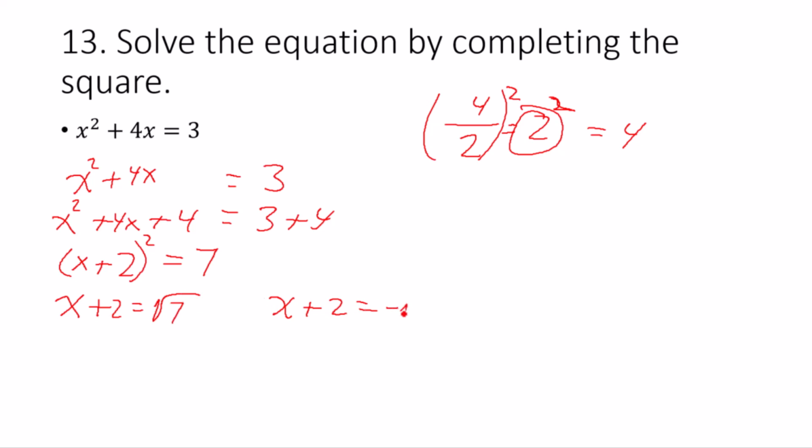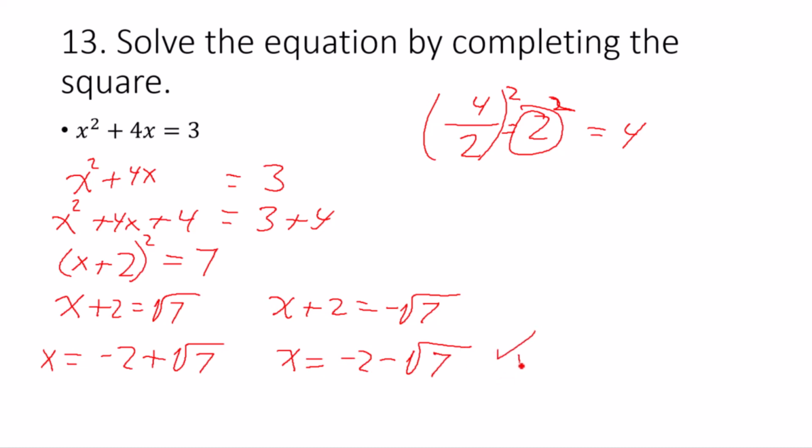Go over here, you have the opposite of it. Real simple. Now subtract 2 from both sides, and we've got one solution for us. And of course, without looking, you know that this is going to be -2 minus the square root of 7. And after you check both of those, you're in good shape.